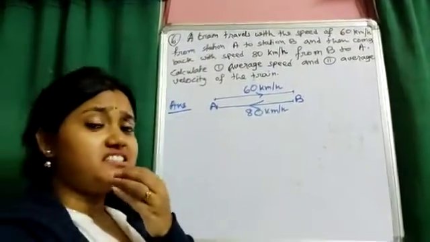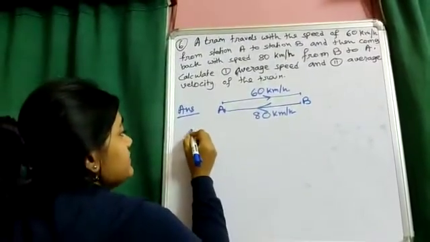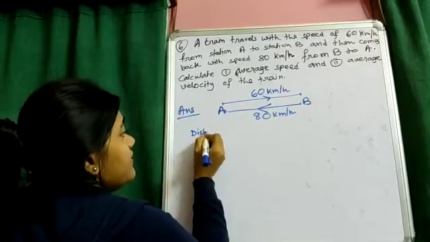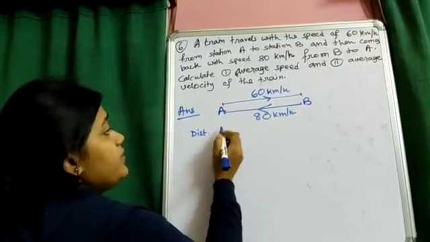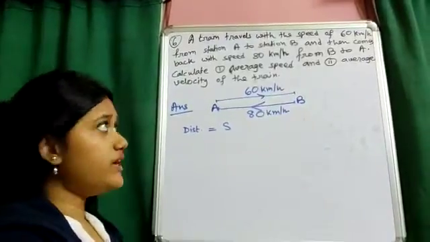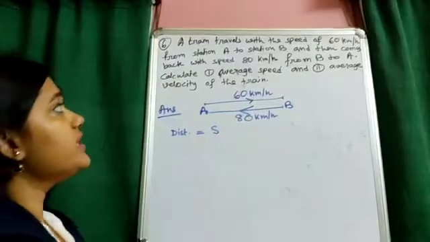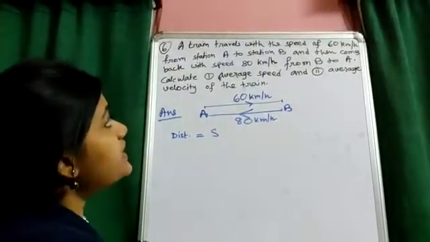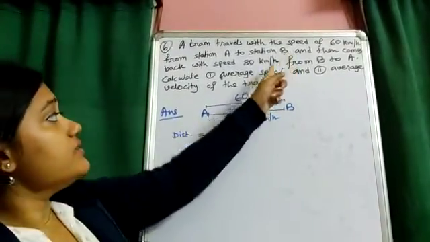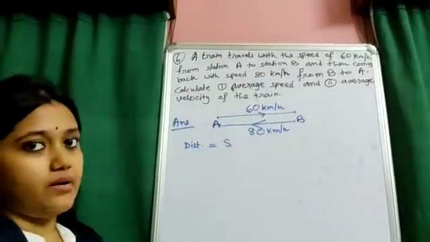Let us consider the distance from A to B is S. So what is given here? The speed of the train from A to B was 60 km per hour.